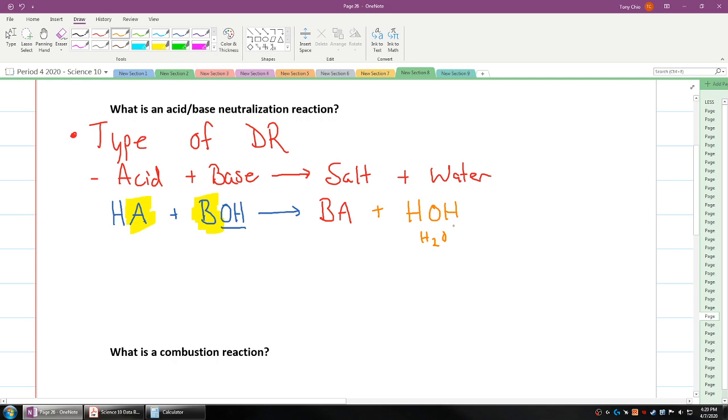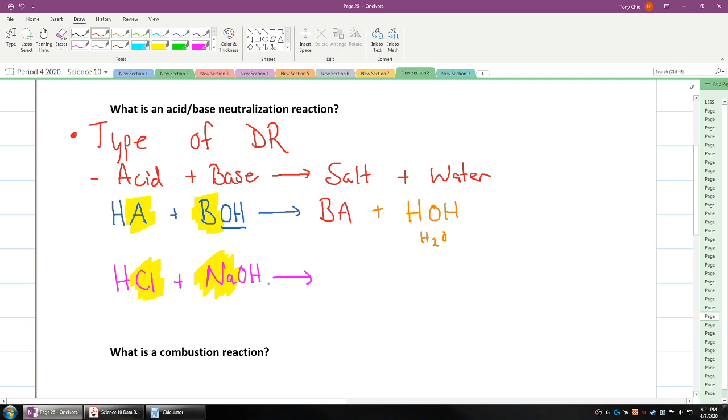So if I were to write this as a type of reaction, you're going to see, for example, if I write HCl plus NaOH, so hydrochloric acid plus sodium hydroxide, is going to form your salt, which is always from the metal of the base and the non-metal of the acid.